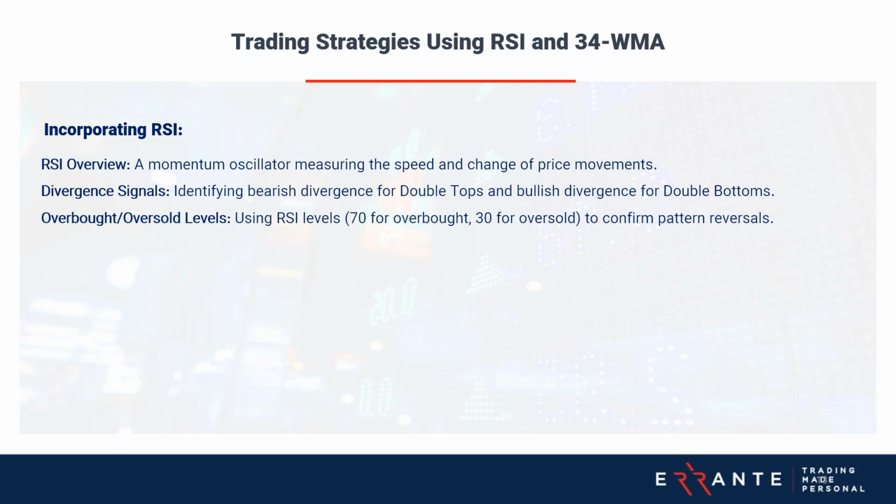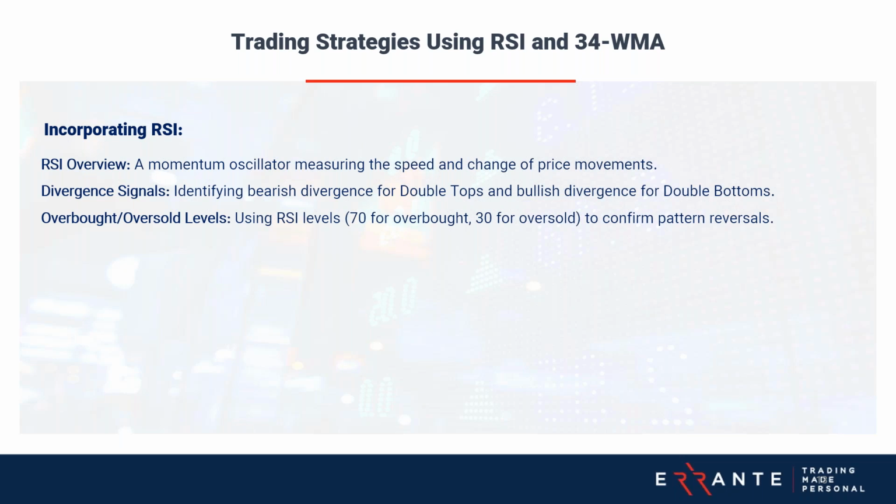The RSI can also be used to confirm pattern reversals by looking at overbought and oversold levels. For double tops, an RSI above 70 at the second peak can be a sign that the market is overbought, adding weight to a potential reversal.